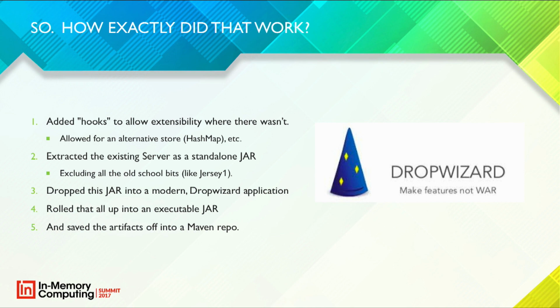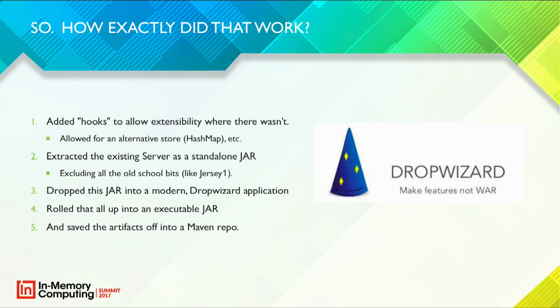And then we took all of that existing code that used to wrap up into a war and extracted it out as a jar, and left behind all the bits we didn't want anymore, which was all the old-school stuff like Jersey 1, and all the bespoke parts.